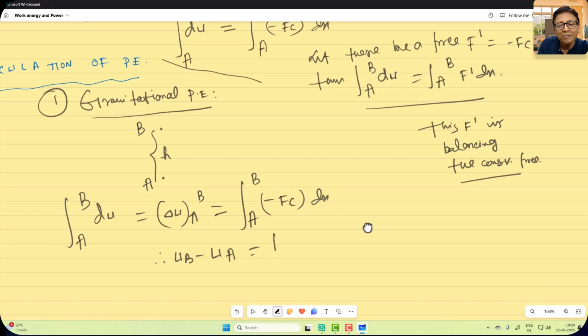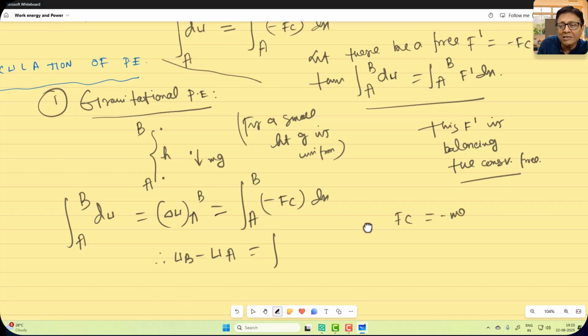Okay? So, UB minus UA will be, what is the force acting on the object? Tell, throughout the path, mg. Because for a small height, g is uniform. So you assume that mg is acting everywhere. So if you write Fc, force of gravity, it is minus mg, isn't it? Downward, you are taking it upward.